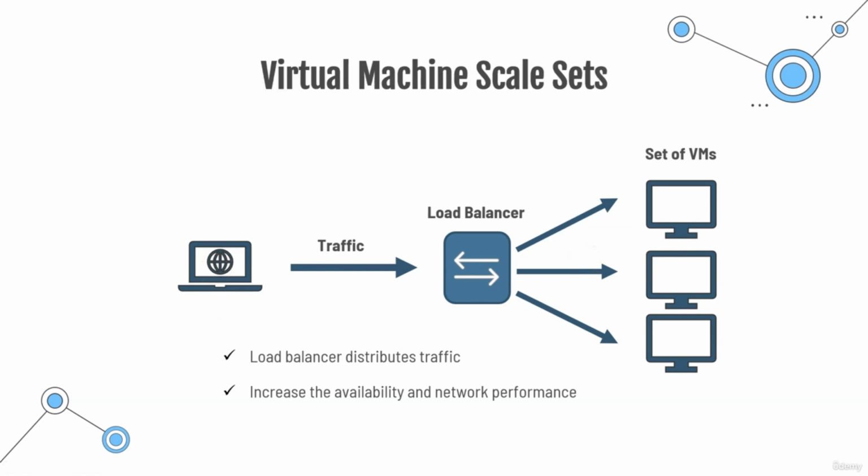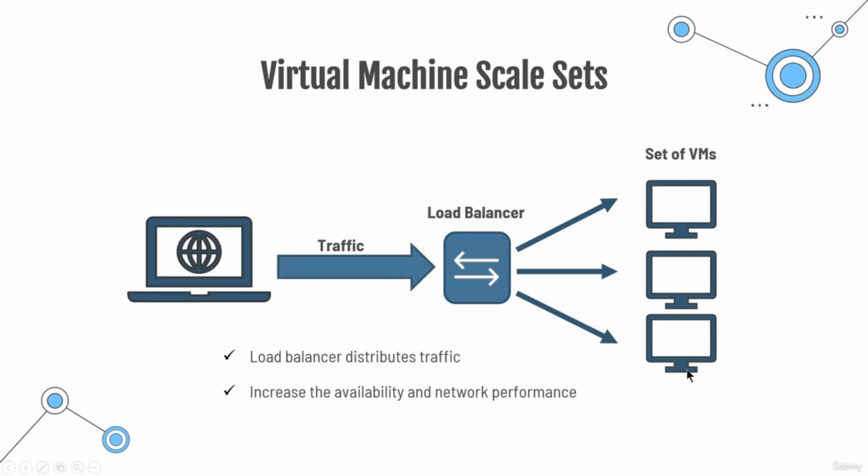In the last lecture, we've learned that a load balancer can help with the availability by distributing the traffic across the virtual machines. But now, what happens if the traffic is getting so high that all of the virtual machines cannot handle this traffic anymore, even though we have this load balancer, because the capacity is just reached with all of these virtual machines?